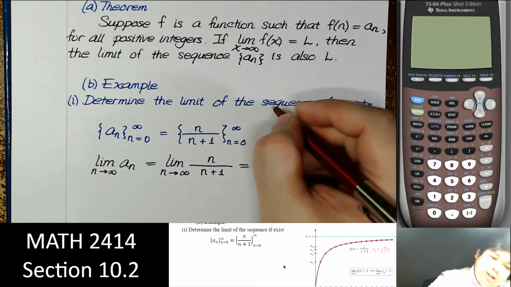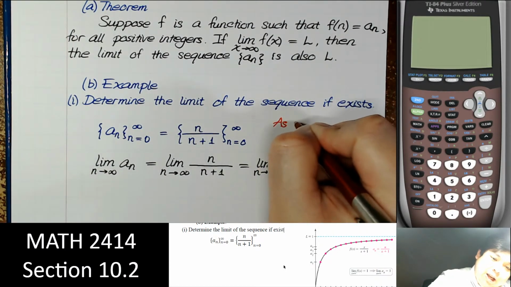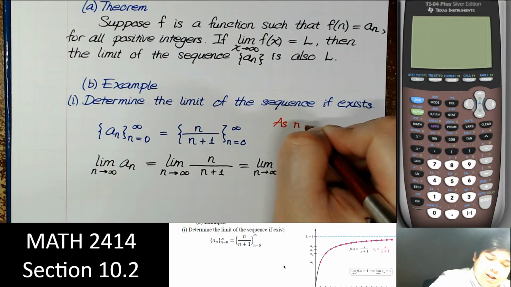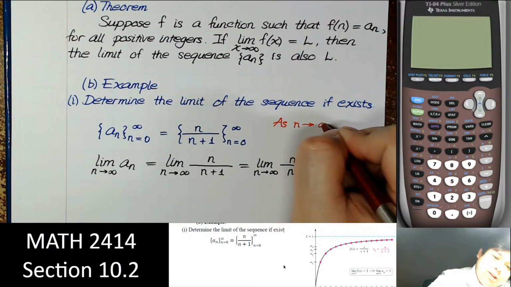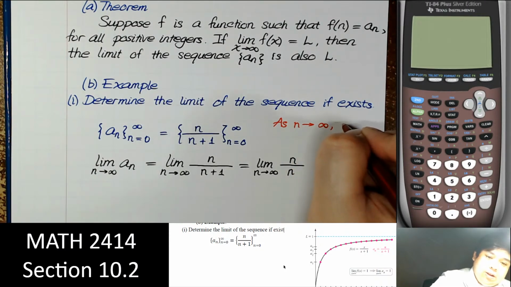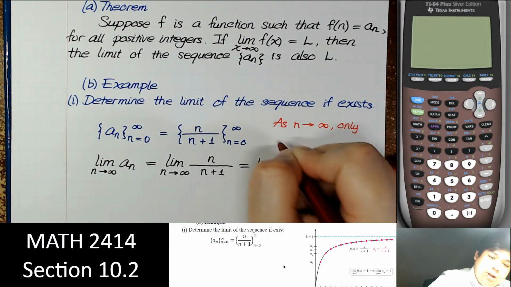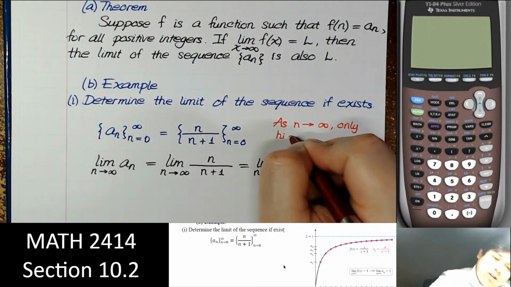So as n goes to infinity, only the highest power matters.